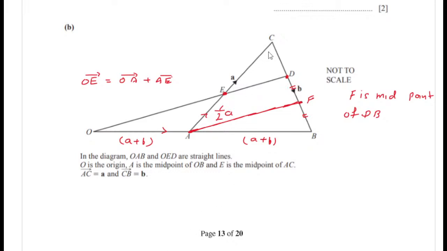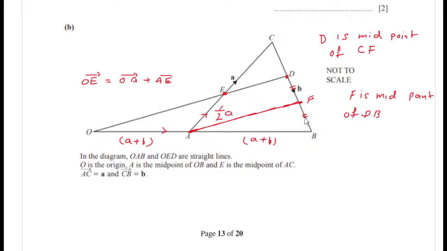Now, if I choose triangle CAF, in triangle CAF, E is the midpoint of this AC, and from E I am drawing a line which is parallel to this AF. Then in that case, by some theorem, D will also be the midpoint of CF. So D is the midpoint of CF.